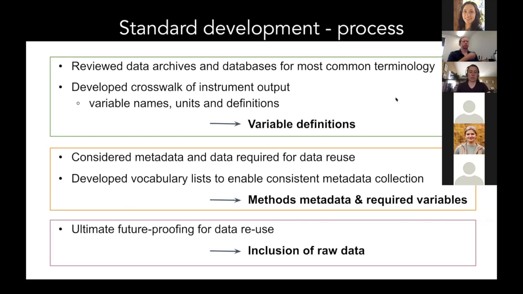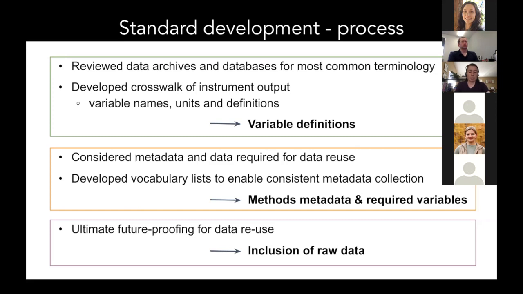And so to enable this, as well as coming up with metadata fields, we've also come up with vocabulary lists to enable systems to be put in place to whatever database might take up this standard to be able to allow data entry to be done in sort of like checkboxes rather than people having to reinvent their own terms and descriptors.